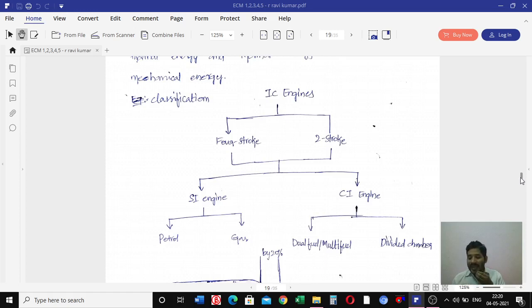The CI engine, the compression ignition engine, is suitable for diesel engines. The CI engine is broadly classified into two types: the first is dual fuel, or multi fuel, and the second is divided chamber.